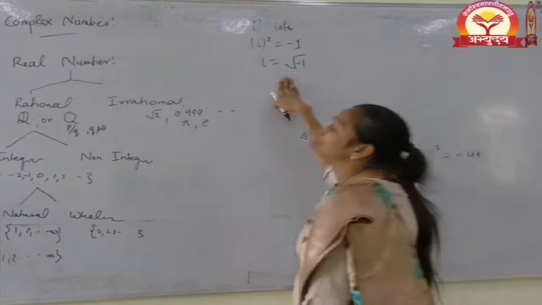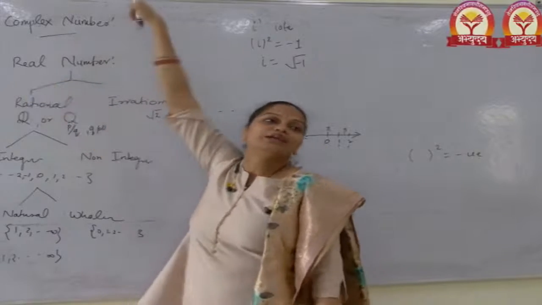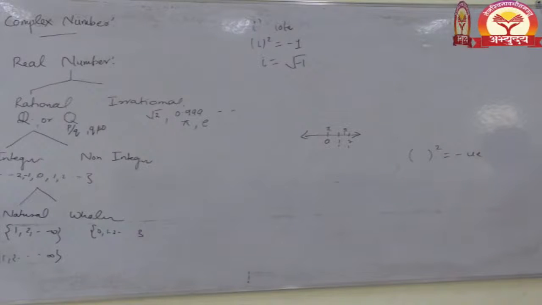So using this concept, the imaginary number together with the real number, you can explain this complex number now. So complex number is a superset or an extension of a real number.